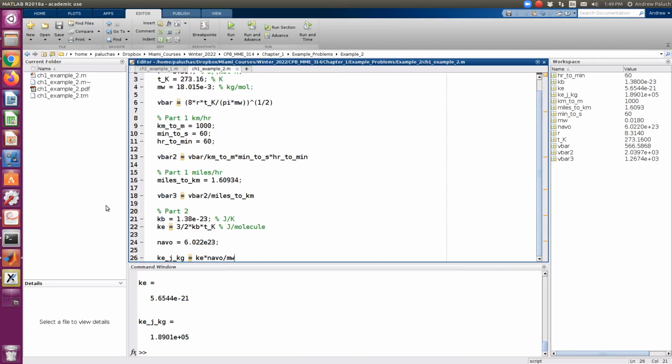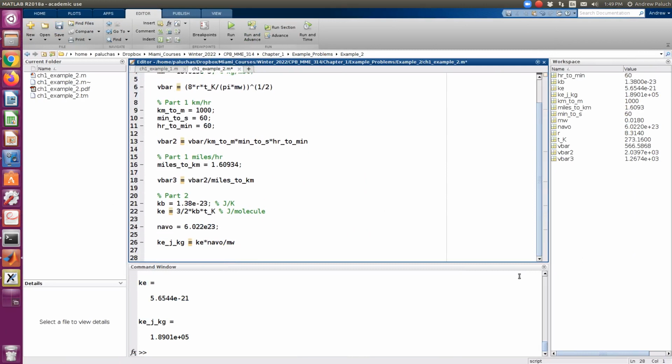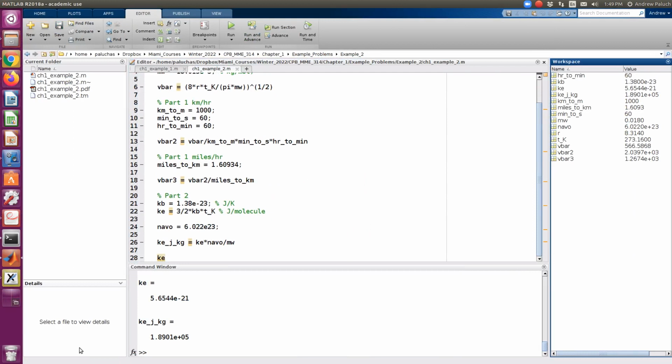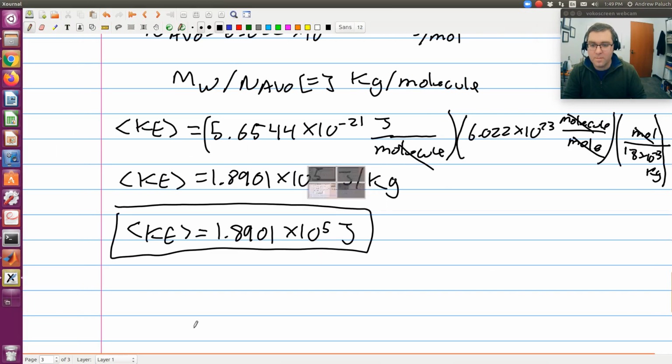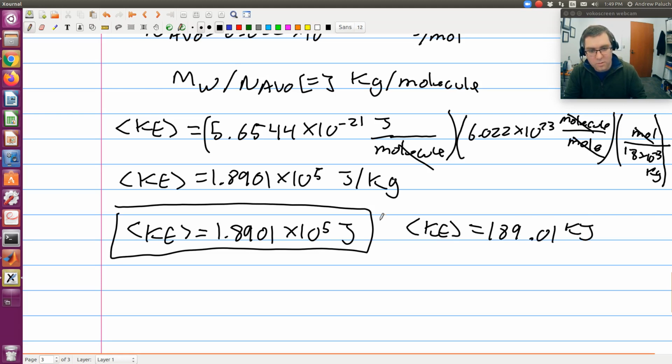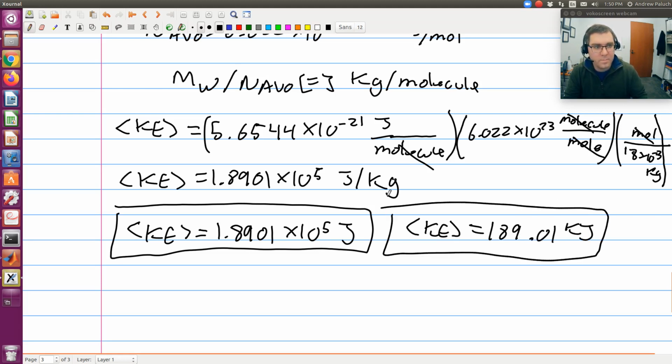But equivalently, I'd write this as 189.01 kilojoules. Okay, cool.